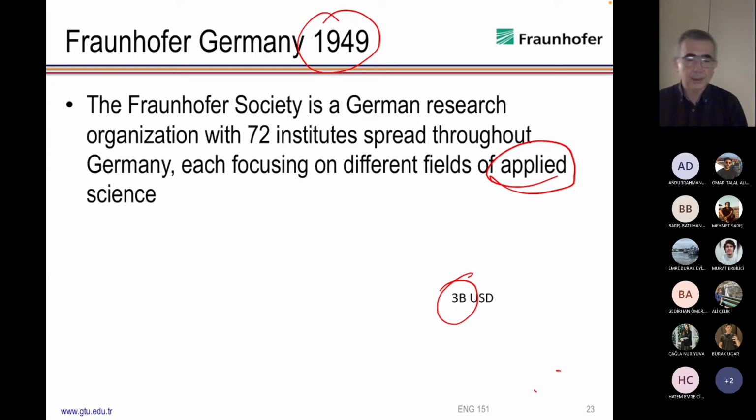It's an independent, non-government and non-profit association of German research institutes. It's a collaboration between different research institutes, and all of them are called the Max Planck Society.